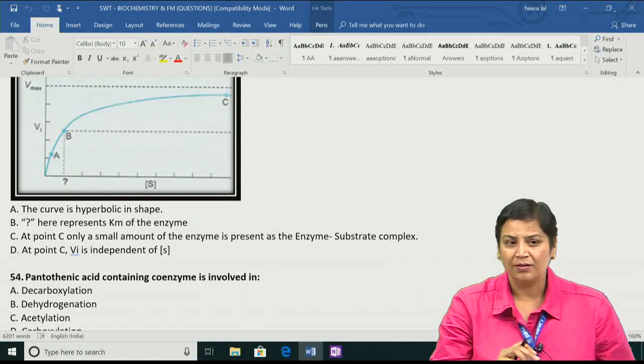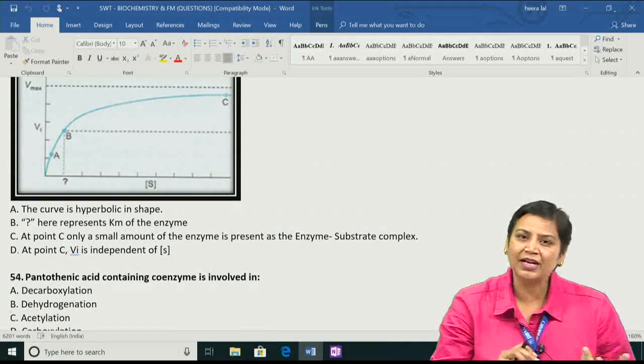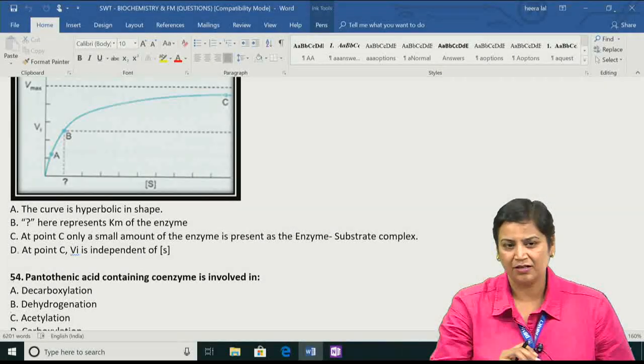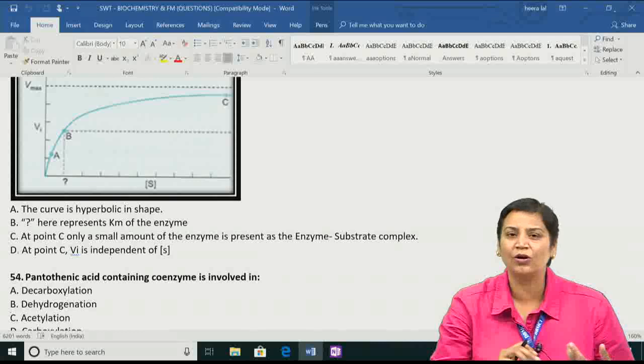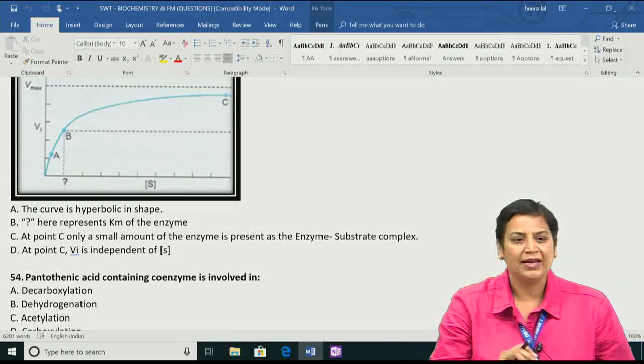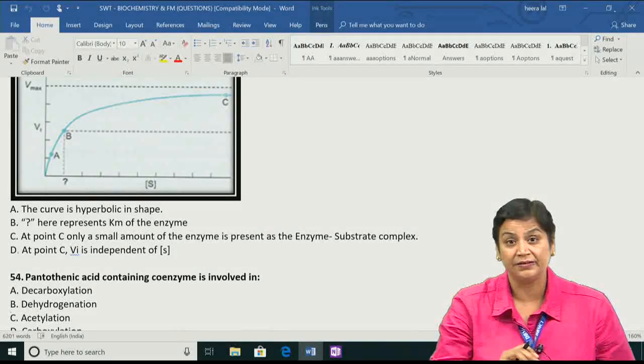This is wrong, because at point C it has already attained a saturation state. No substrate is left over, as all the active sites of the enzyme have already been occupied by the substrate. That is why it is zero order. And at point C, V is independent of S. So out of these, the answer to this question is option C.